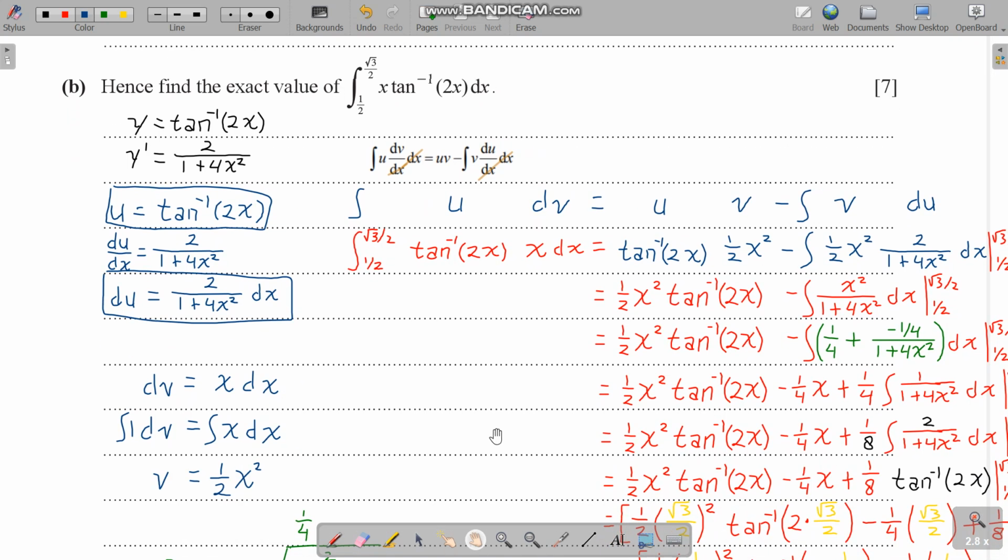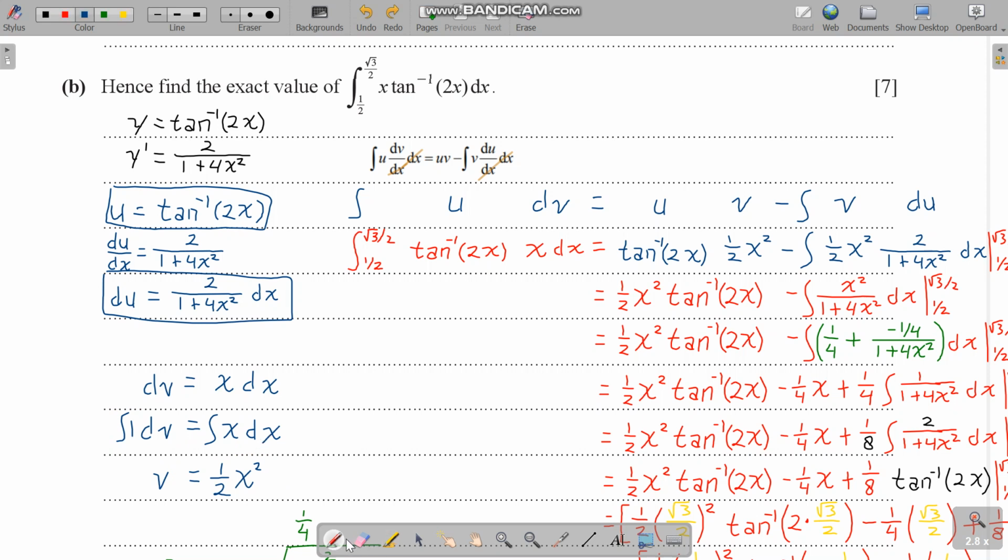And now the dv is x dx. So if the dv is x dx, we integrate both sides. The integral of dv, or the integral of 1 dv, is v, same as the integral of 1 dx is x. The integral of x is 1/2 x squared, of course.